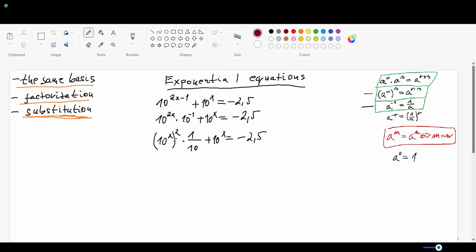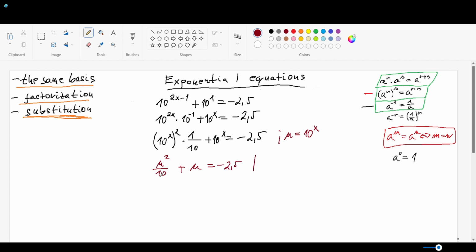So basically you can realize that this is something squared plus something the same, and it means that you can again use the substitution method, and in this case let's use u as notation for our unknown variable, where u is equal to 10 to the power of x, which would then lead to the equation u squared over 10 plus u is equal to -2.5.